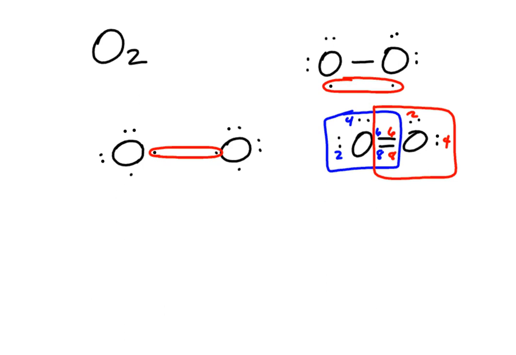Let's go ahead and look at one more example, and that is nitrogen gas. The most abundant gas that's in our atmosphere. If I was to draw the Lewis structure, which you guys should be able to do, hopefully in your sleep, by the time this unit's over, here I have my two nitrogens.